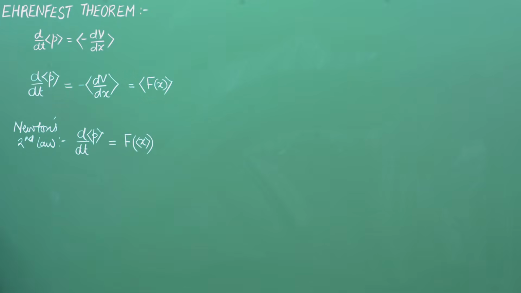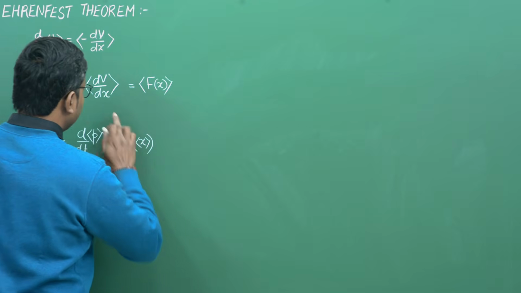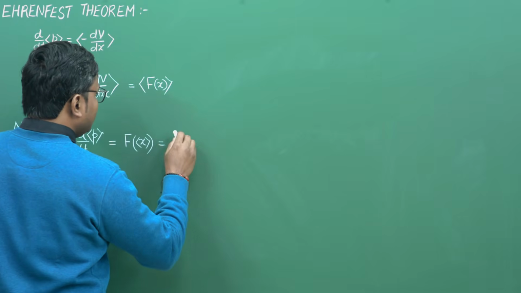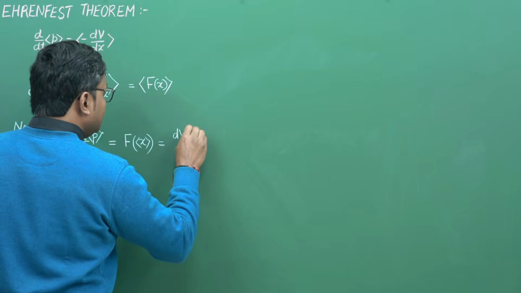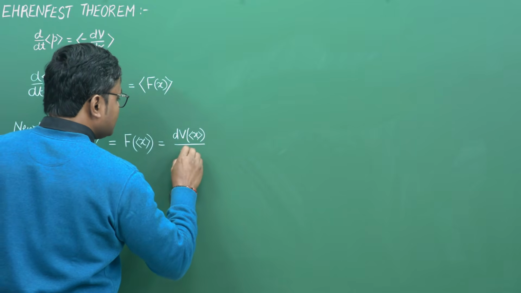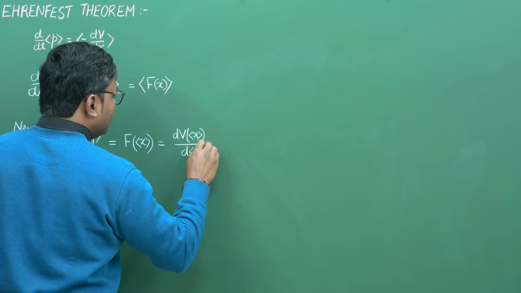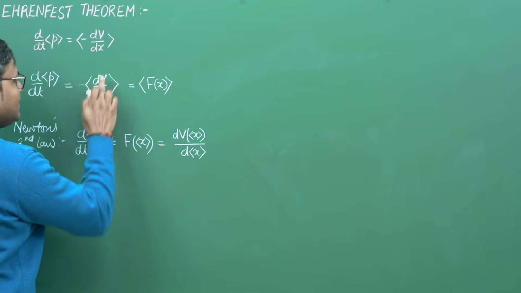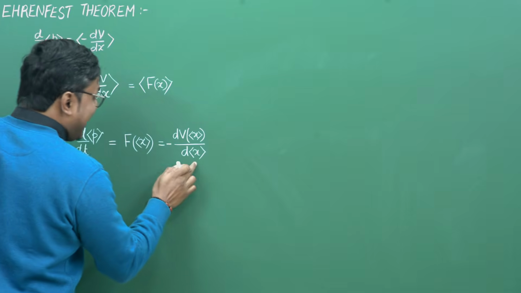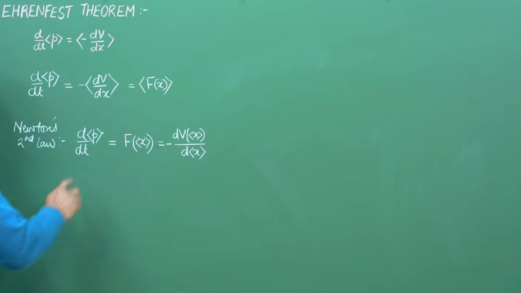So this is what I would expect if Newton's second law were correct, or if I write it in terms of the potential, something like negative dV at the expectation value of position upon d expectation value of x. So essentially, this is negative dV upon dx evaluated at the expectation value of x. This would be the closest approximation to Newton's second law.